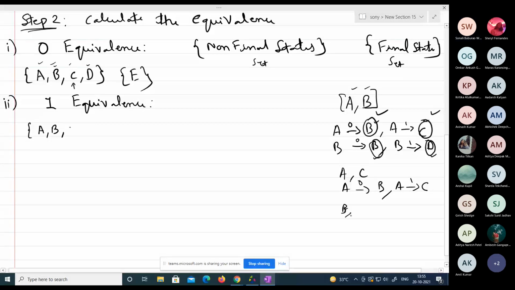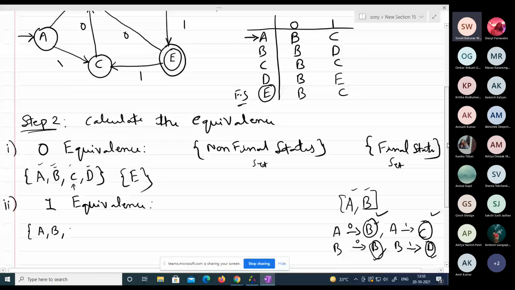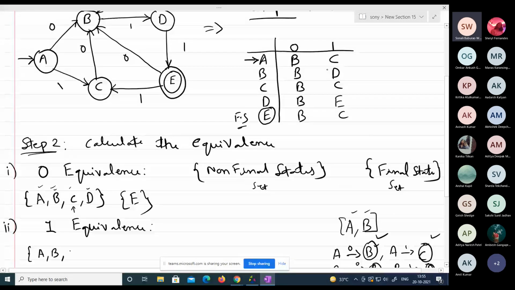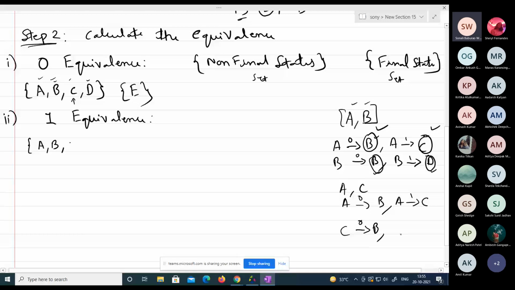A on 0 gives me B. A on 1 gives me C. Similarly, C on 0 will give me B, and C on 1 will give me C. So over here the values are B, B, C. Now check in this table: B and C, yes, they are together.